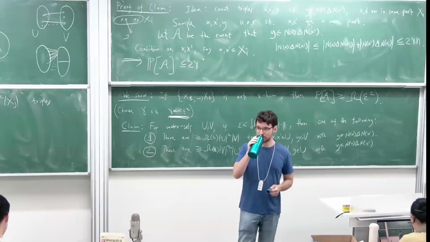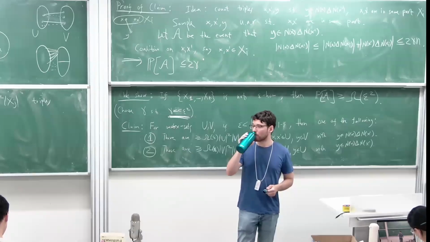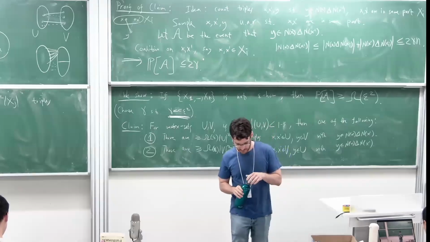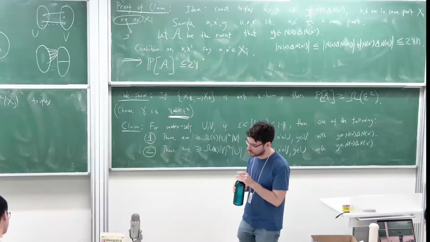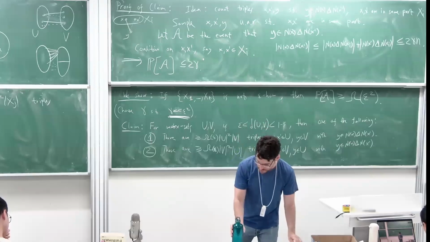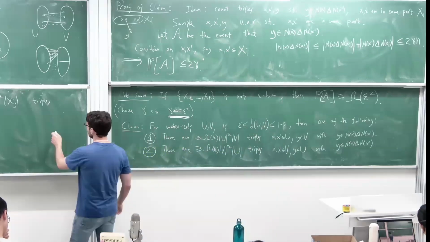The VC dimension version is that a small fraction of inhomogeneous pairs is also unavoidable. Yeah. So for example, maybe there are many examples, but this is a simple one. You can take a half graph.